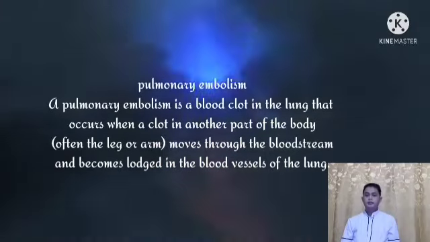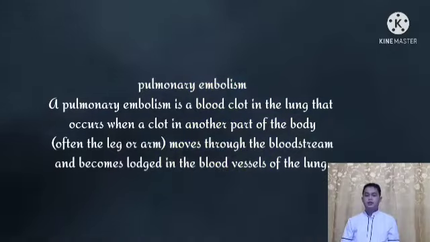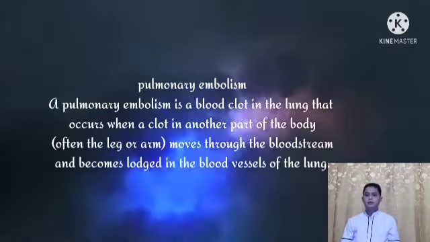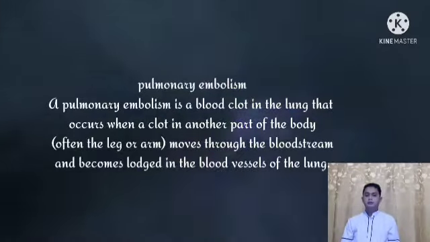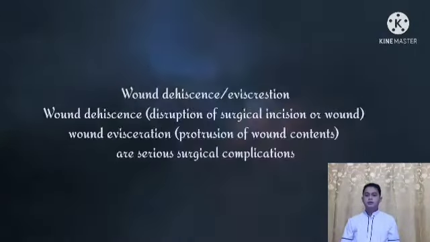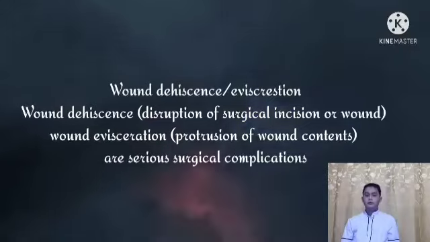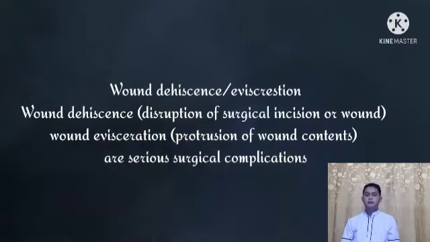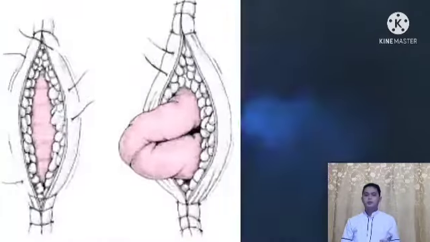In some cases, the blood clot occurs because of changes in our physical condition, such as pregnancy or recent surgery. Then the next one is wound dehiscence or wound evisceration. These two are different. Wound dehiscence is the opening of surgical wounds, and wound evisceration is when the organs come out from the surgical wound. I will put a picture there. So that is the difference between the two.